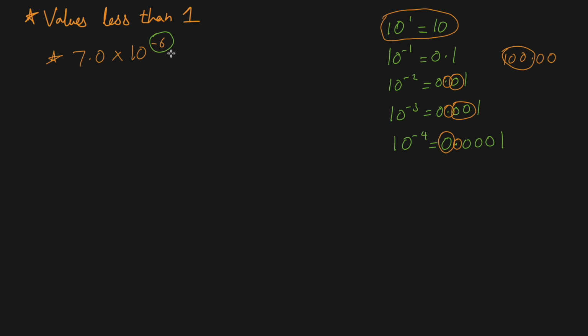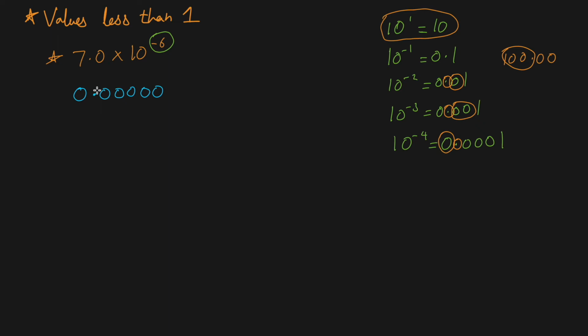So how will we write it? As 0 point, decimal point, count it as a part of 0, and we will start counting from here. 1, 2, 3, 4, and 5, 6.